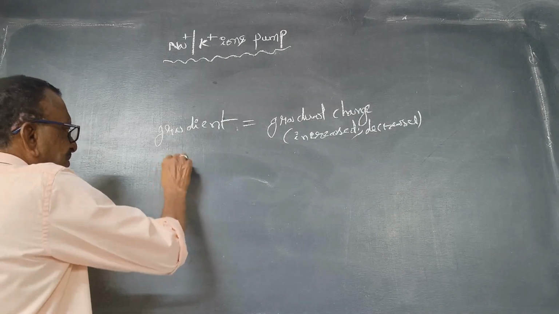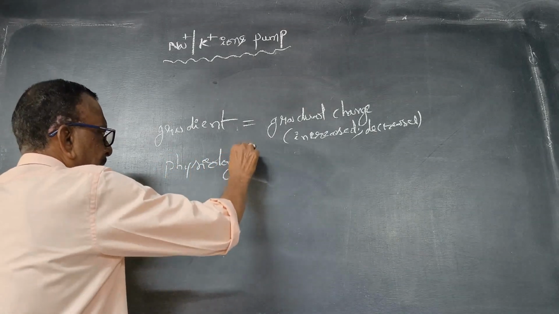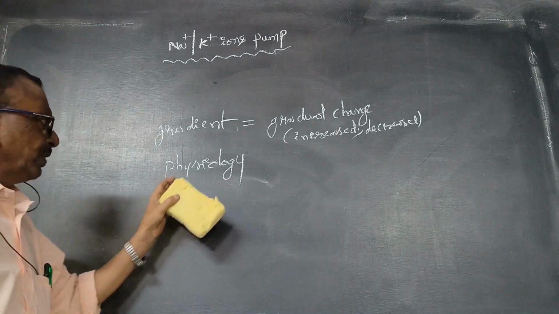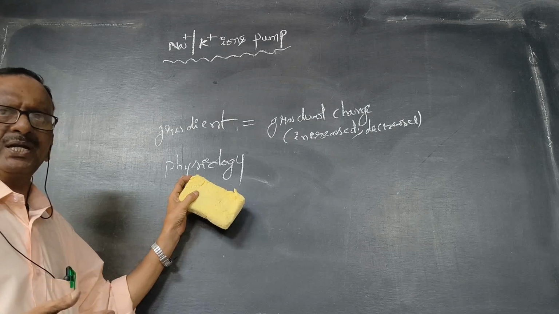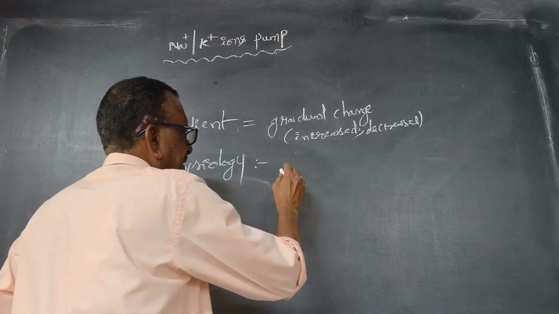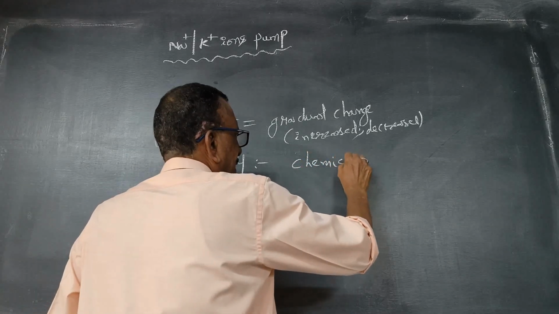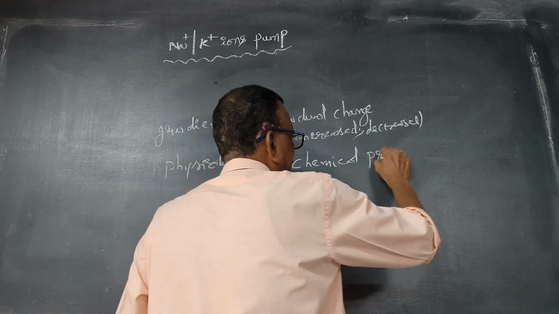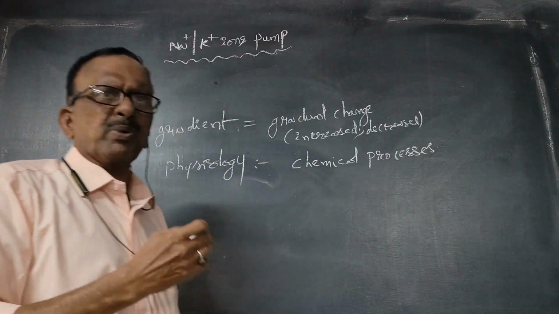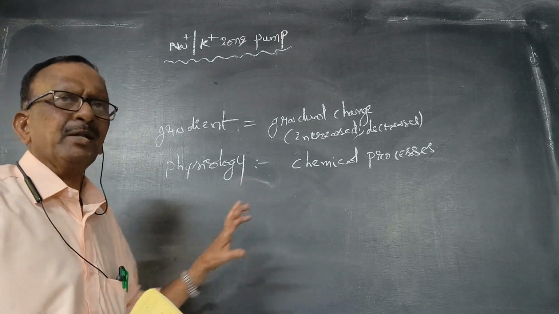In physiology, you are all biology students, so you can understand what is physiology. We have separately plant physiology, animal physiology, like that. Physiology actually concerns the chemical processes or biological processes that are occurring in both plants and animals.